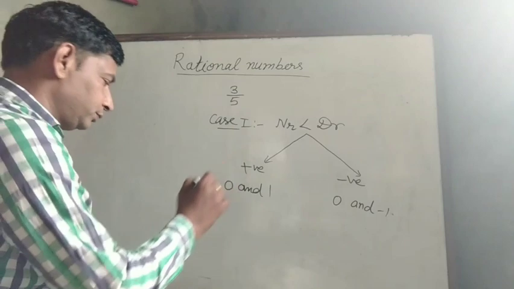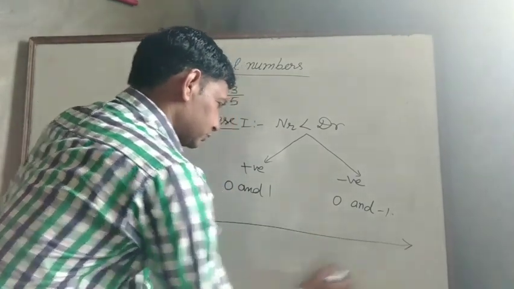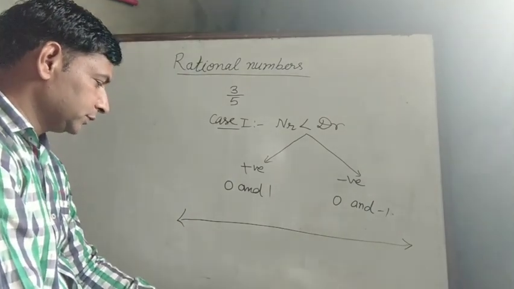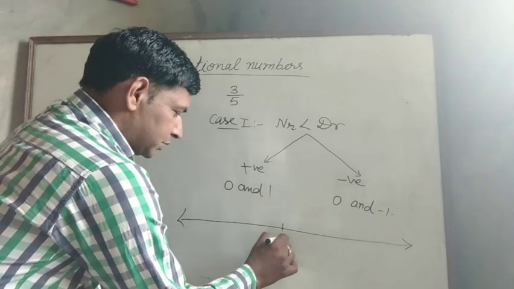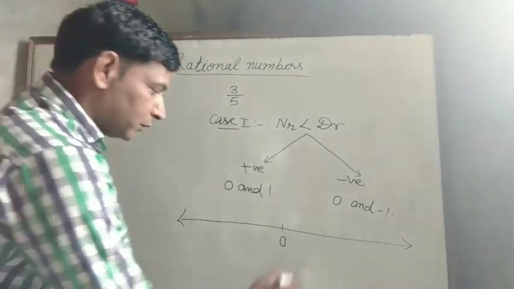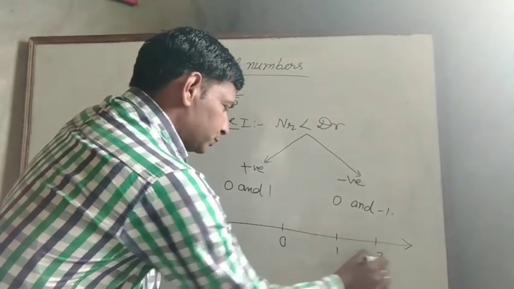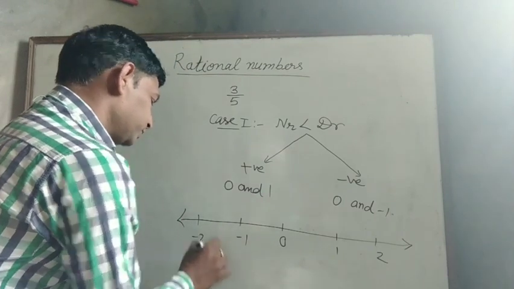Now we take 3 upon 5 and see what happens. 0, 1, 2, minus 1, minus 2.